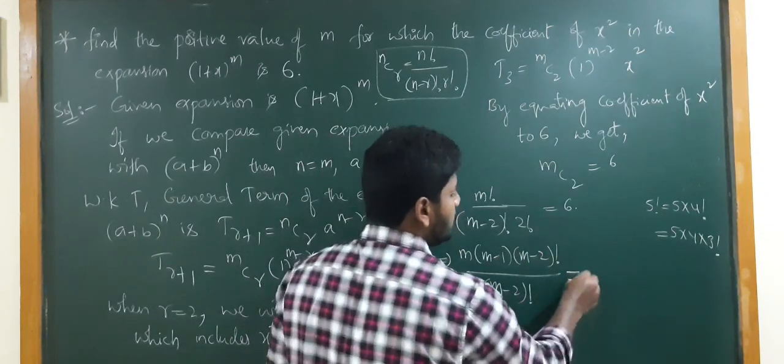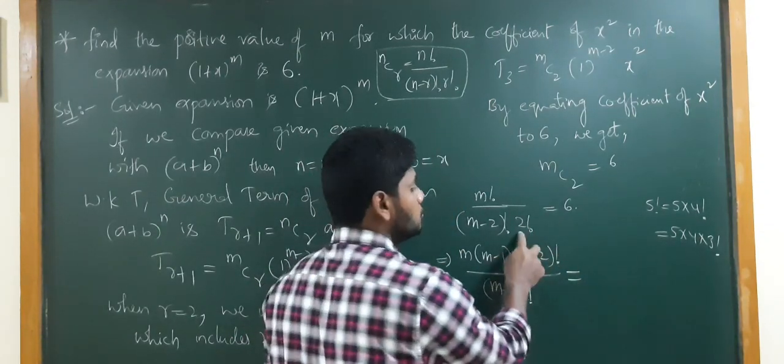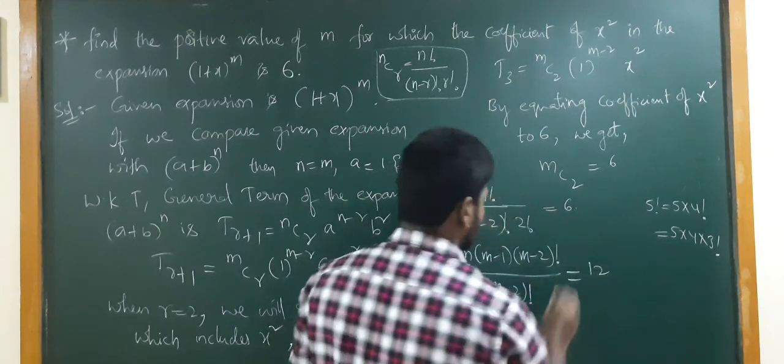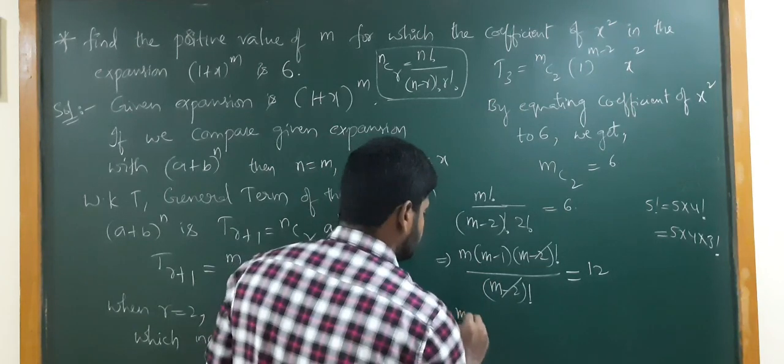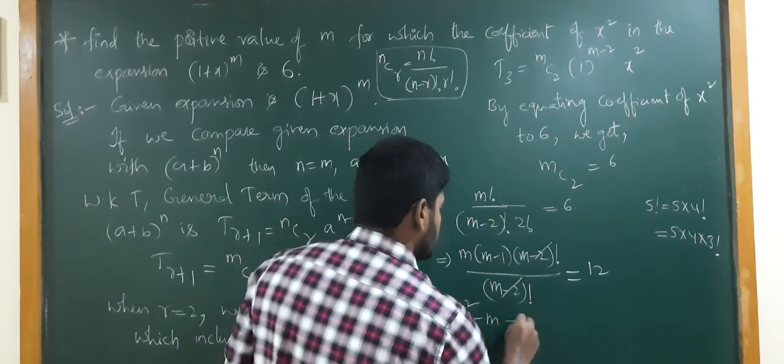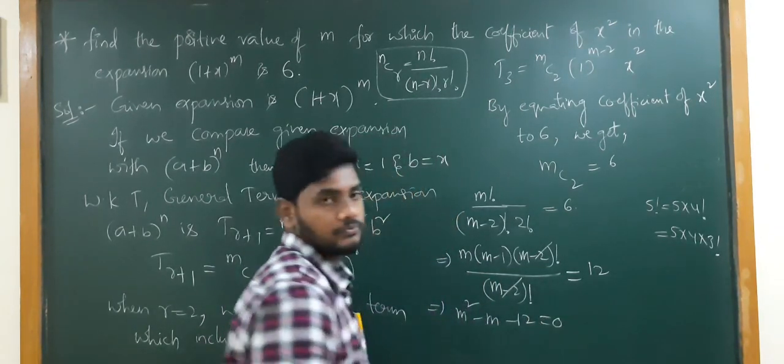I wrote it like that to simplify. What is 2 factorial value? 2 into 1, that value is 2. 2 multiplied here will become 12. So these two will be cancelled, then it will be m square minus m minus 12 equal to 0.